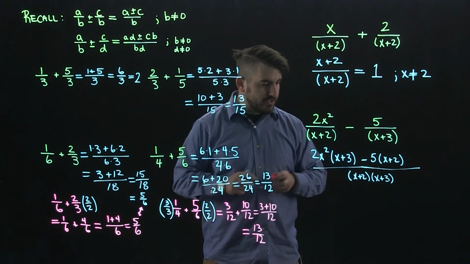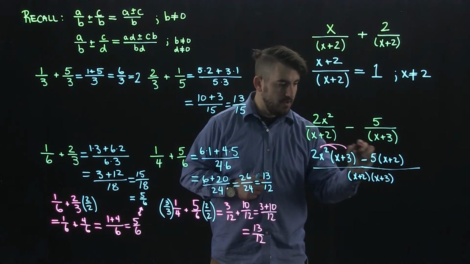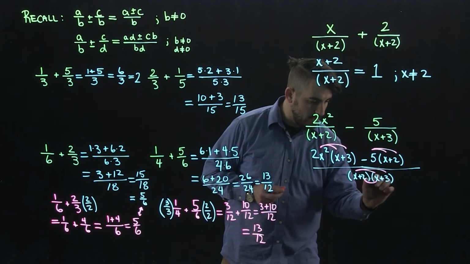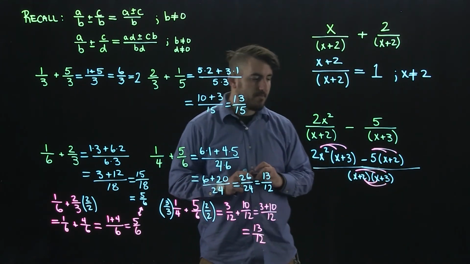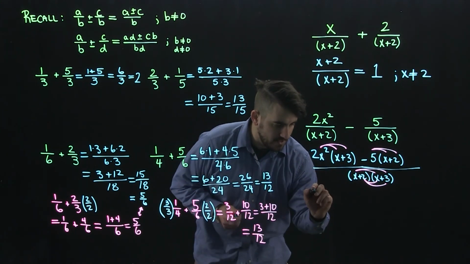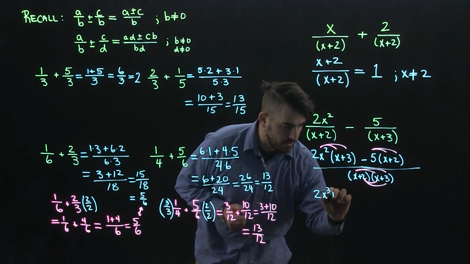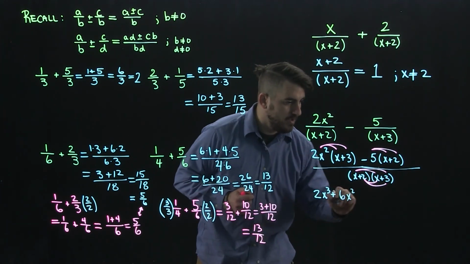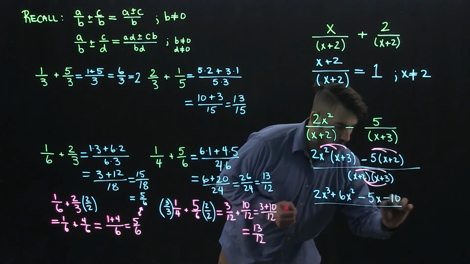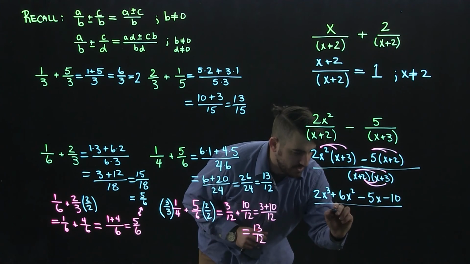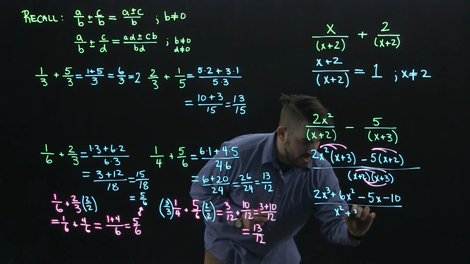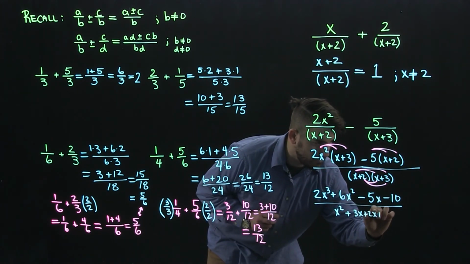So we are going to distribute in the first two cases on top, and we are going to FOIL or use the distributive property for the denominator. So let's expand all of this out. So we get 2x cubed plus 6x squared minus 5x minus 10 all over, that's going to be x squared plus 3x plus 2x plus 6.